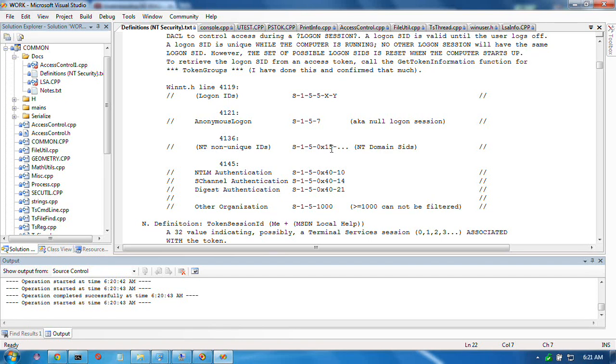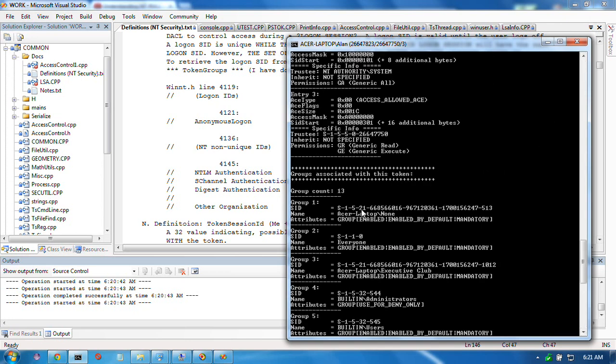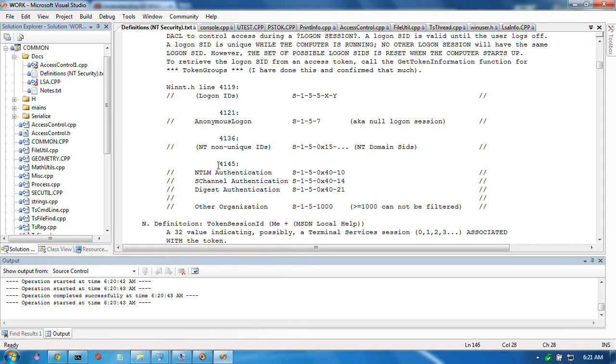These ones, 15, that's a regular user, by the way. 15 hex is 21 decimal, and everyone's SID has 21 here. So those are what they call the non-unique IDs, or NT domain SIDs.